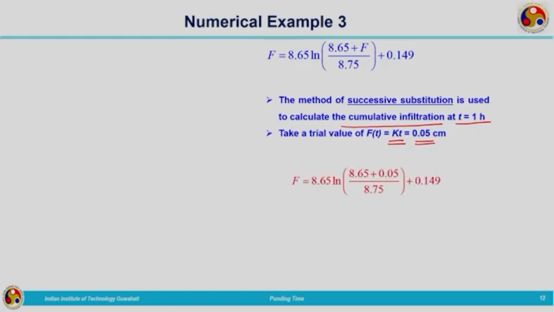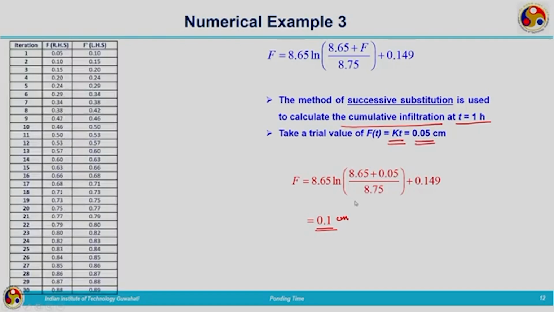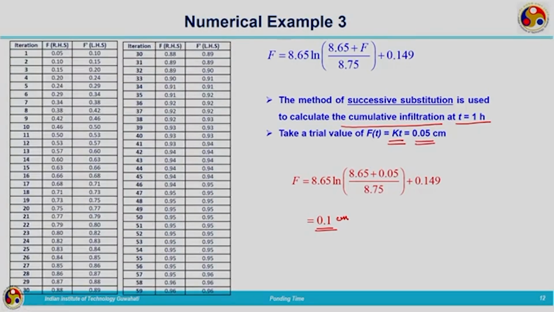This we substitute in the equation and we can calculate F as 0.1 centimeter. Now we will take this 0.1 as the next assumption and substitute it on the right hand side.